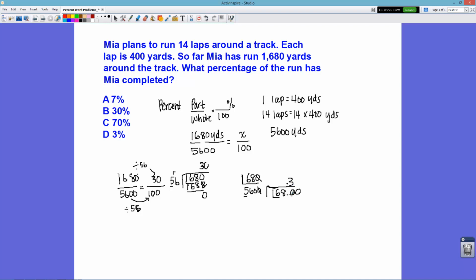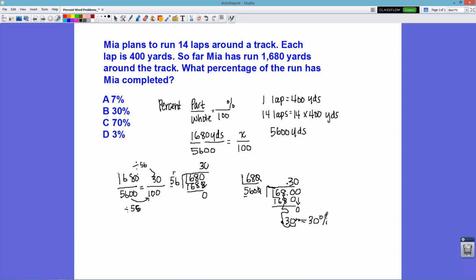So 3 times 0 is 0, 3 times 6 is 18, plus the 1 is going to be 1,680. Bring down the 0, and 560 into 0 is going to be 0. I have a decimal point 30, which to change into a percent means I have to move this over 2 places, and I'm left with 30%.